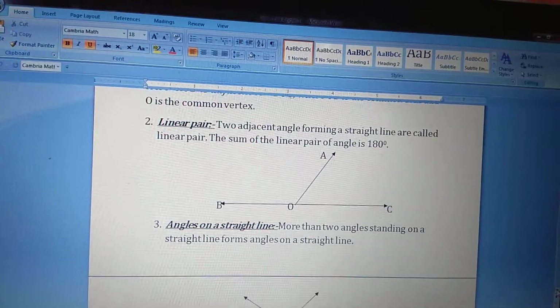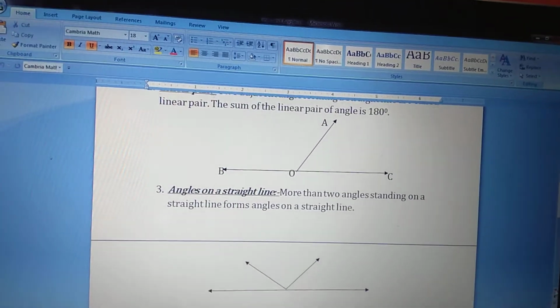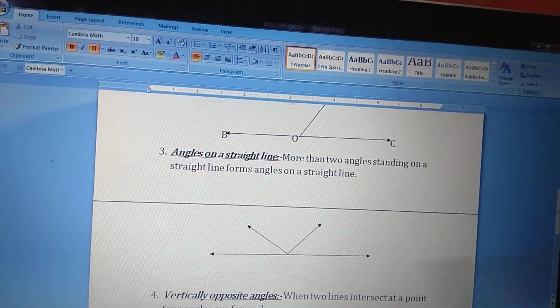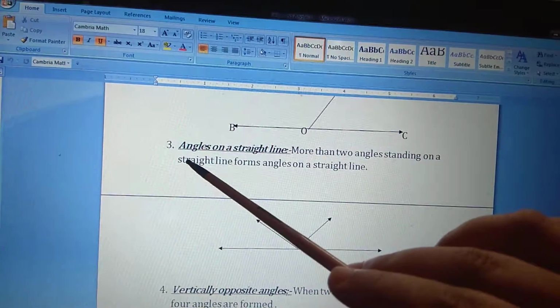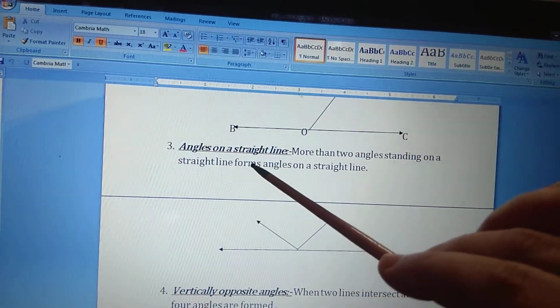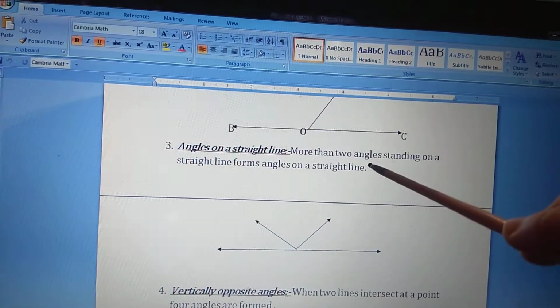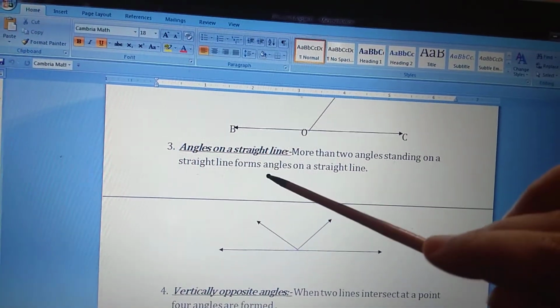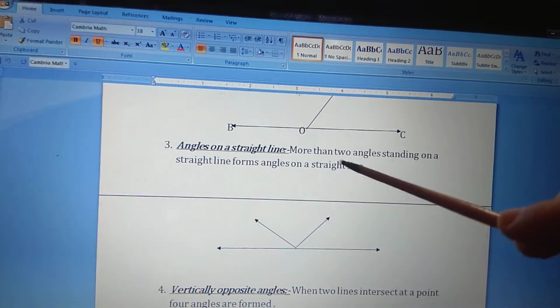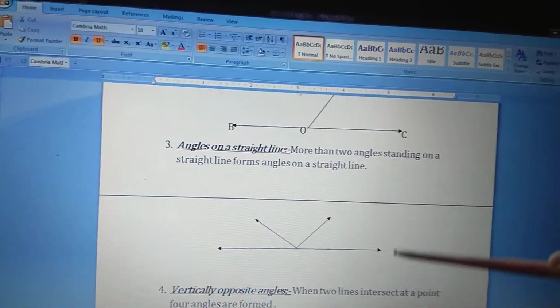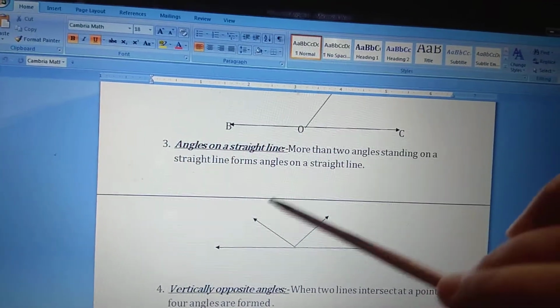Then the next, number 3, is angles on a straight line. The name only suggests the definition, angles on a straight line. So what does it mean? More than 2 angles standing on a straight line form angles on a straight line. Here you can see, I have not named them, I have just drawn the figure.